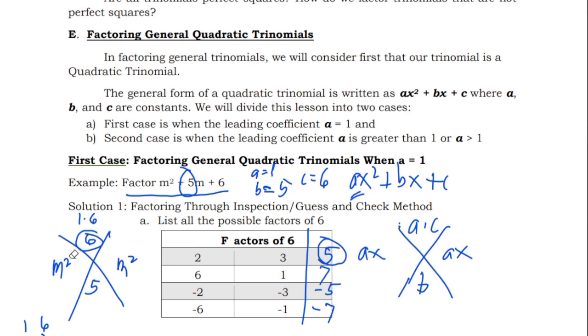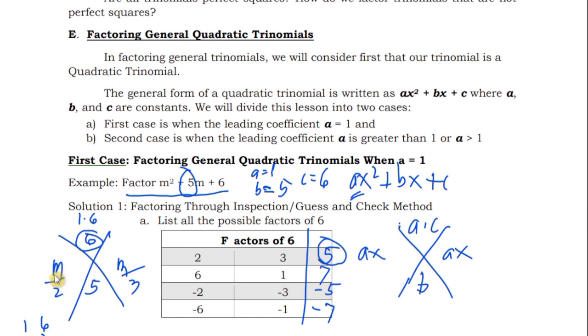Okay, so m. Since this is just the same as the 1, we come up with m over 2 and m over 3.